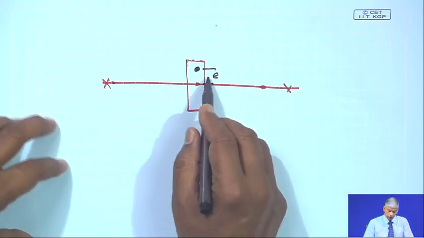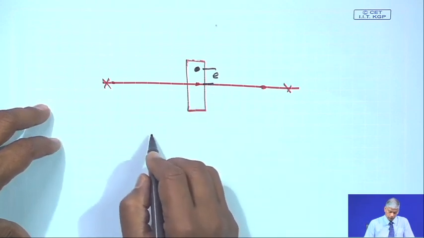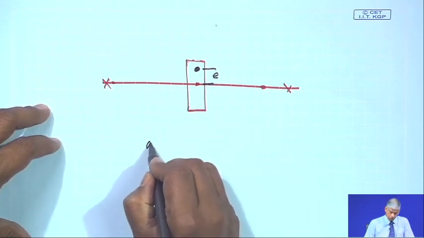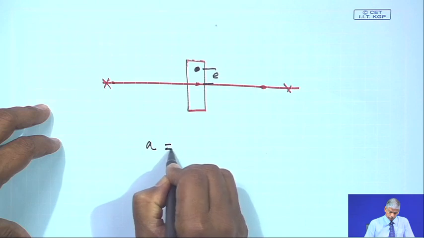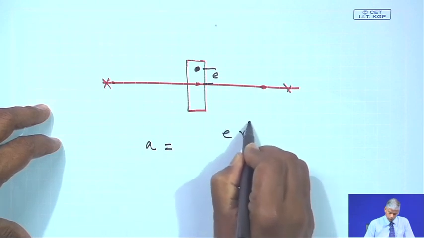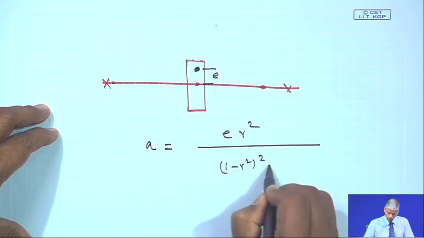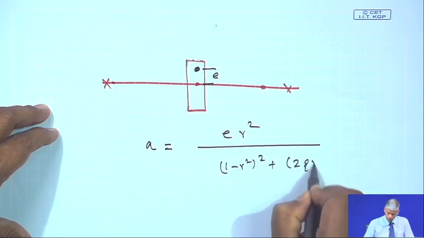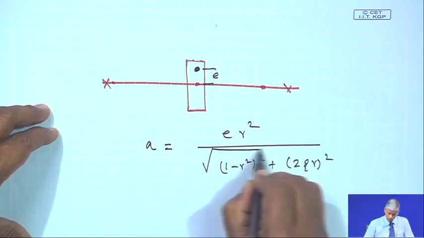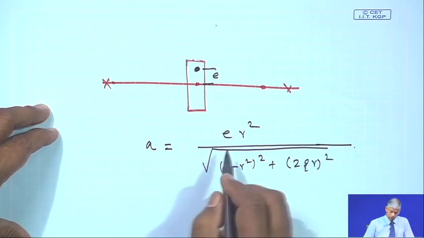In fact, if this eccentricity is E, the displacement is given by A is equal to E r square by 1 minus r square, okay.